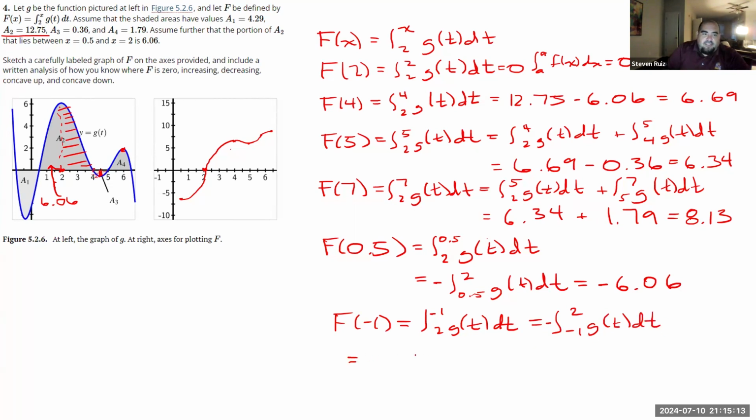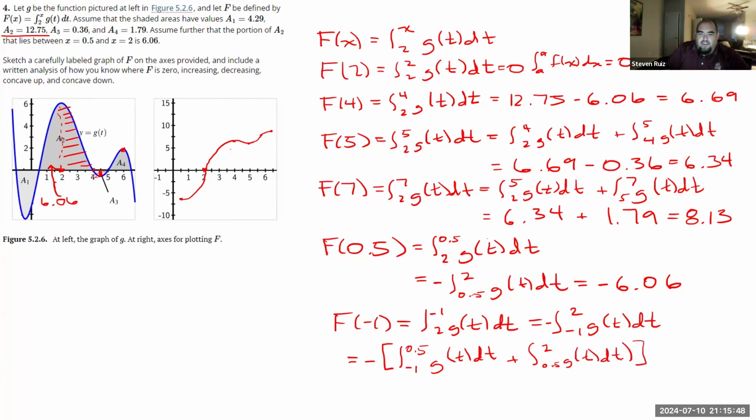But now I can break this down into things I already understand because I know what the integral was. I'm going to break this down into the integral from -1 to 0.5 of g of t dt plus the integral from 0.5 to 2 of g of t dt.